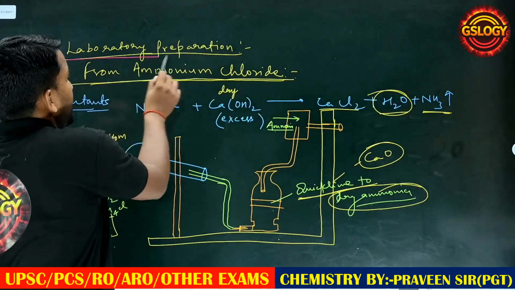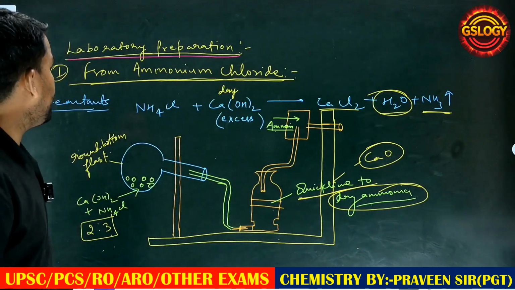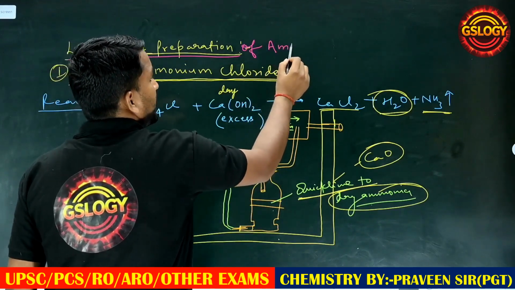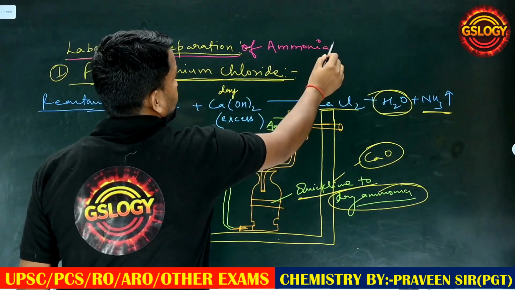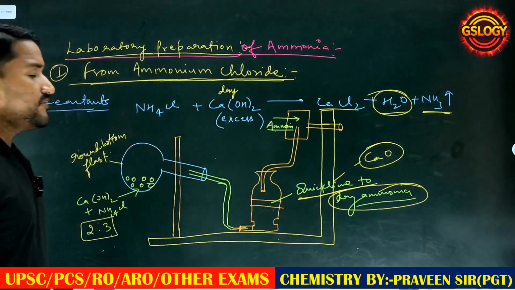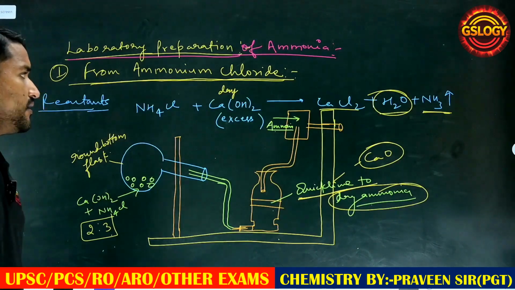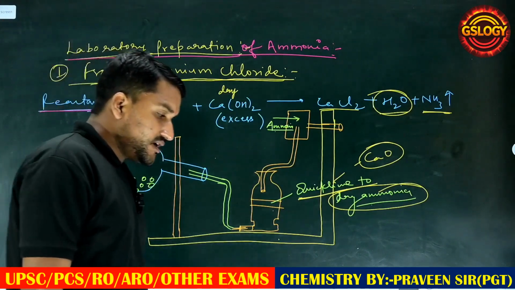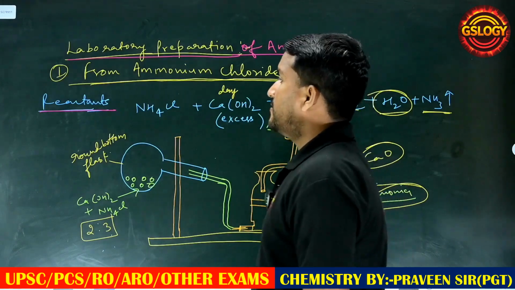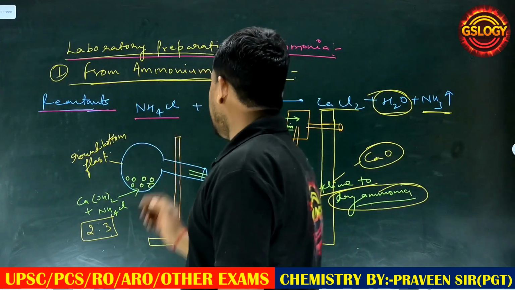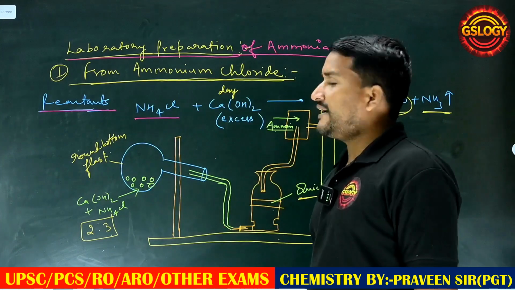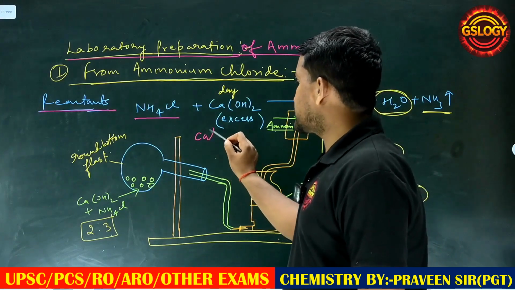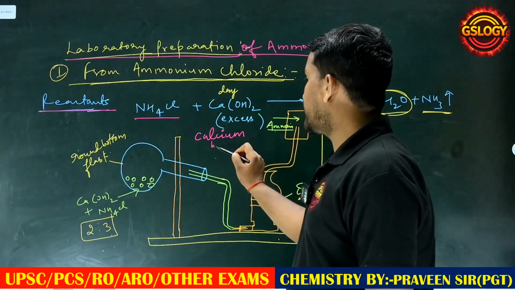Get on to the next page. Next is laboratory preparation of ammonia, from ammonium chloride. We will use the reactants ammonium chloride and dry calcium hydroxide.